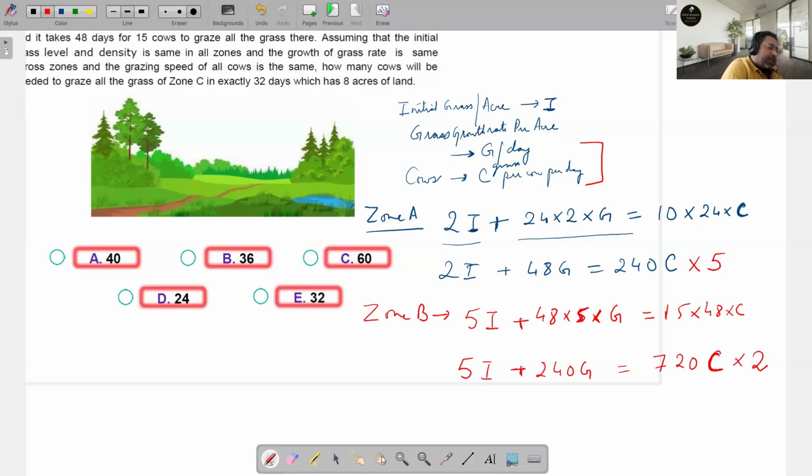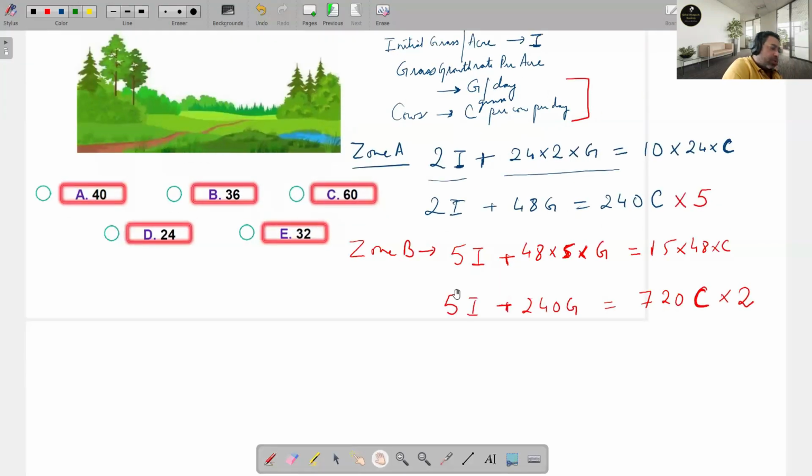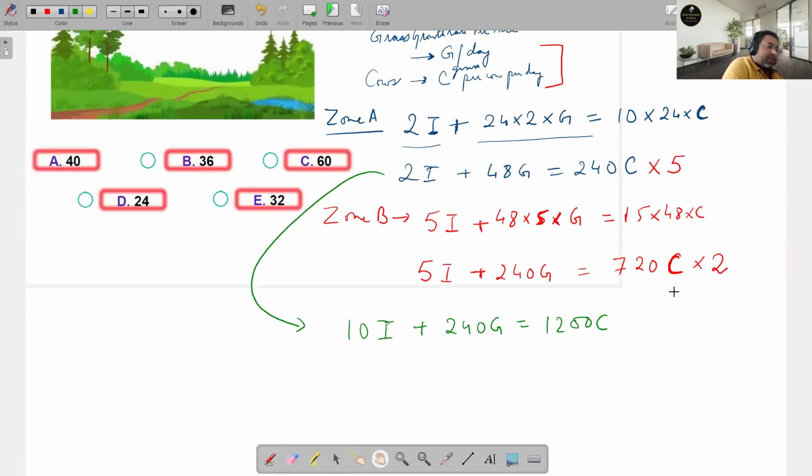When we multiply this equation by 5, what do we get here? We'll get 10I plus 240G is equal to 1200C. And when we multiply this one by 2, we get again 10I plus 2 into 480G is equal to 1440C.